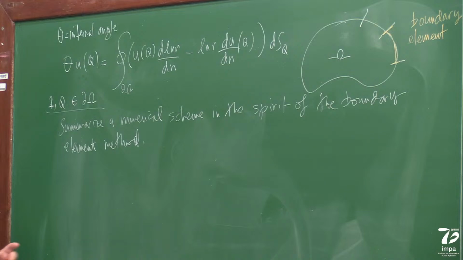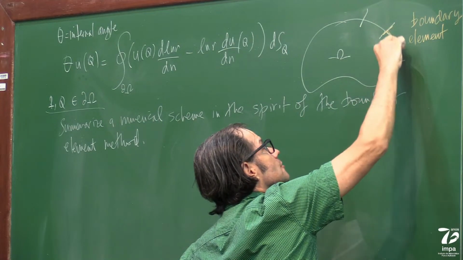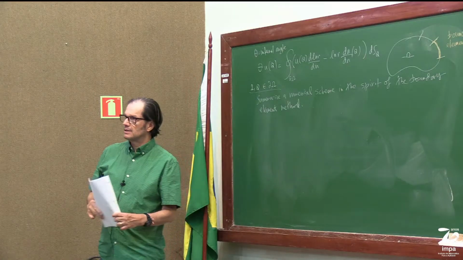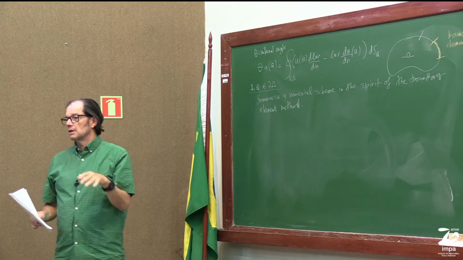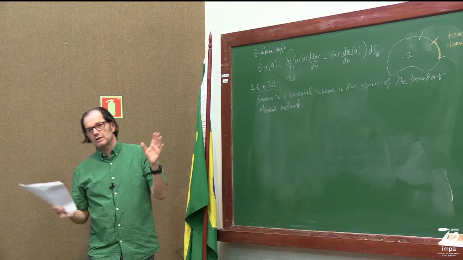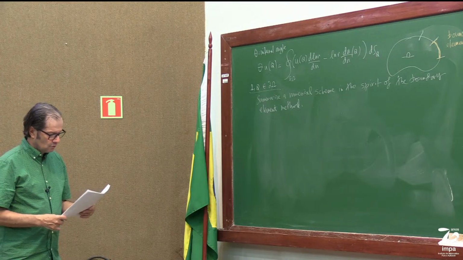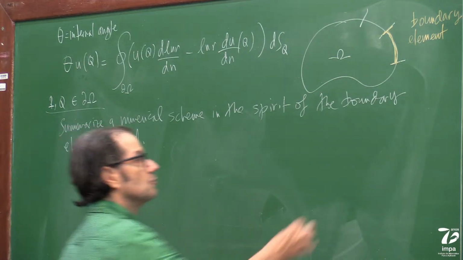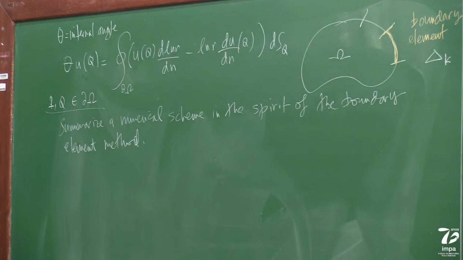Now we need to do two approximations here. One will be a geometric approximation, and the other a function approximation of the solution. You can think of it as a function space, even though we're not going to get into that. So how do we do this? Sometimes the elements are denoted delta K, which is that region.